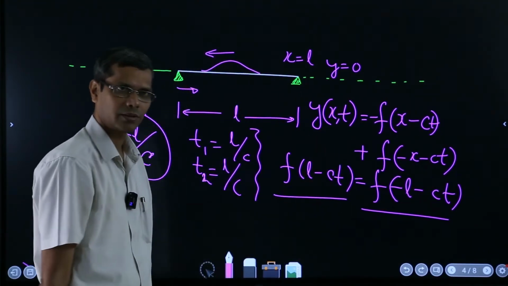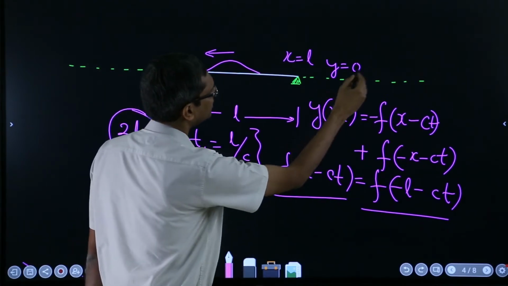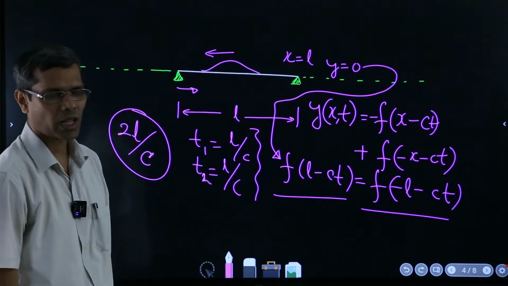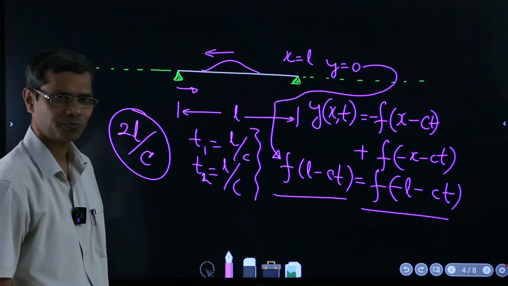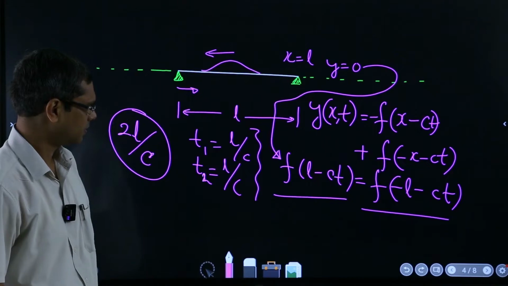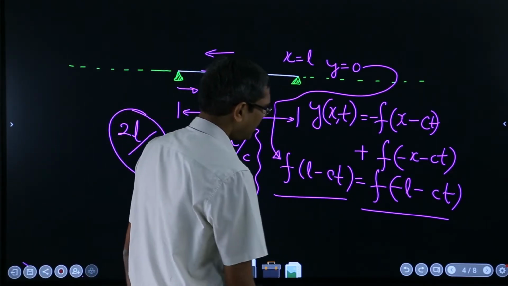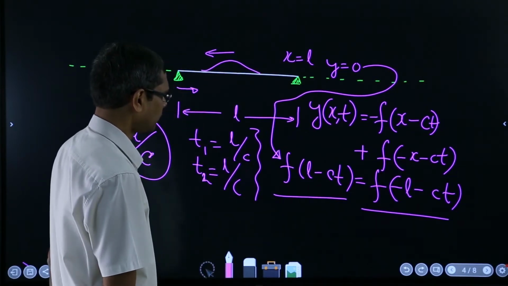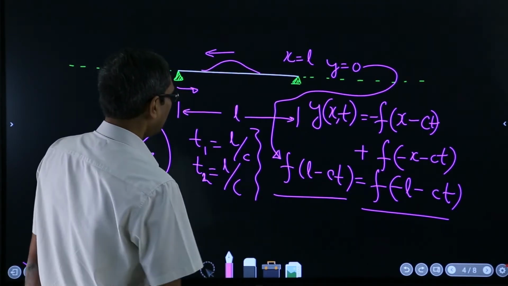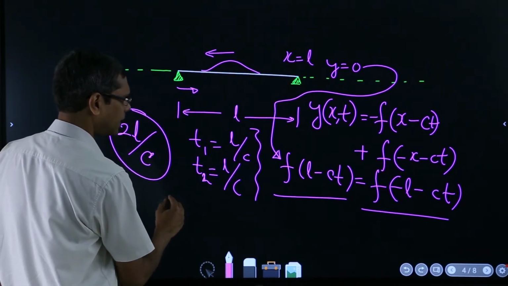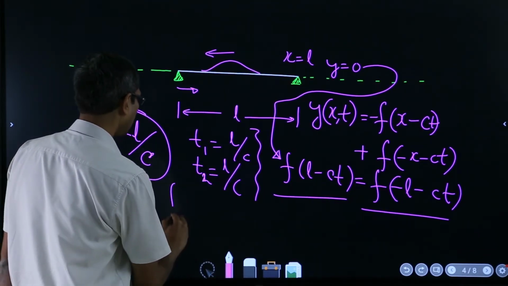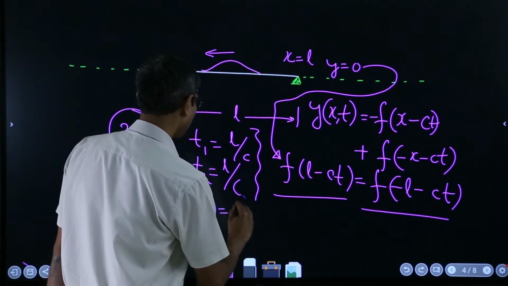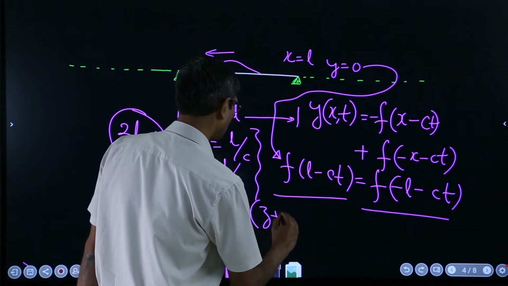So then I am done. This is an additional condition which is coming from the fact that at x equal to 0 and x equal to L, y has to be 0. Now just think that f of z is equal to f of z plus 2L.